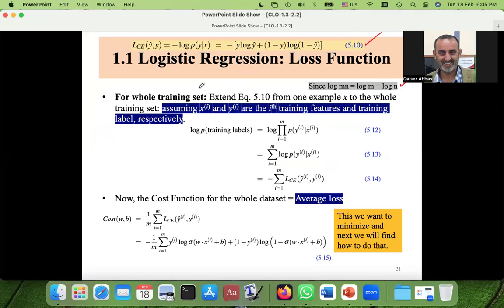But if we have the whole training set, then we will not have only one example x. Then we will have xi. So now we are assuming xi for the inputs, and yi means the class decision which is available in the data set. I explained in the data set, you have one row, and then the last column is the class. It will have the value maybe 0. This is the decision of that class.